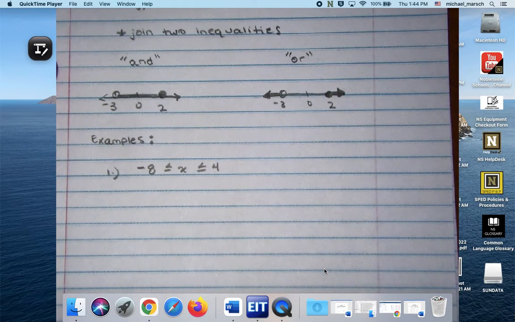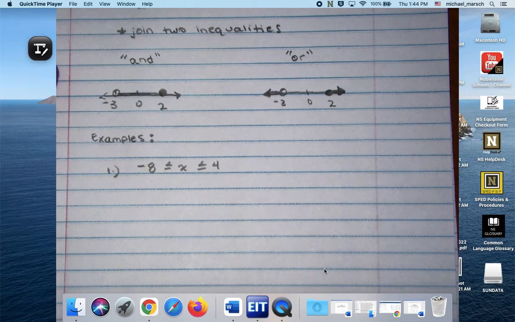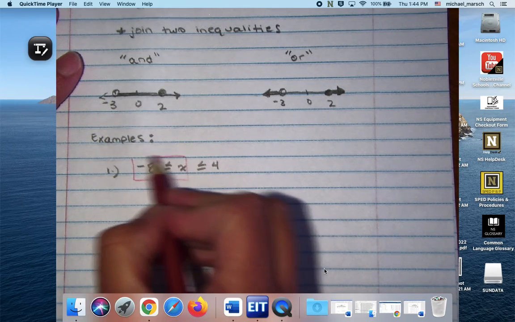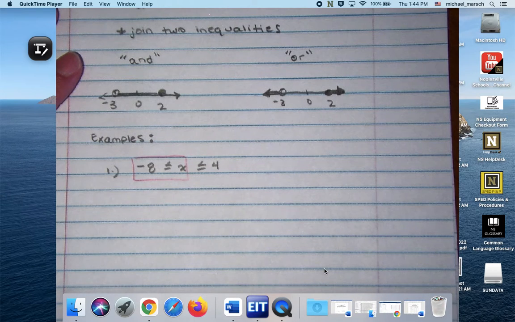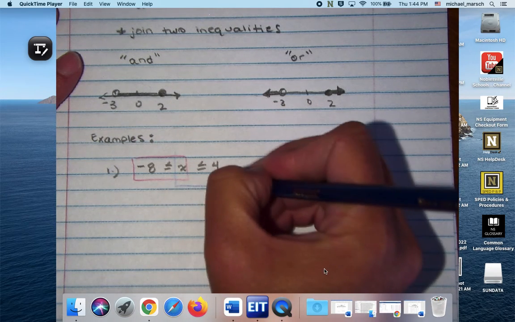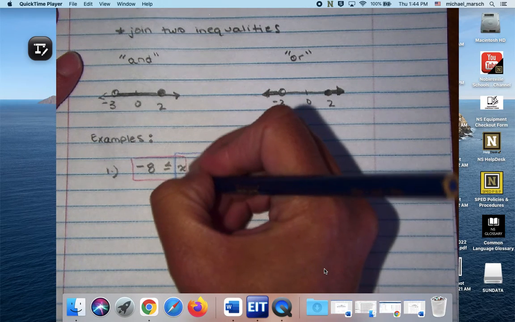So this is where we have a number, x in the middle, and then another number. So what I actually have here are two separate inequalities. I have this one that's going to have a red border around it, and I have this one that has a blue border around it.